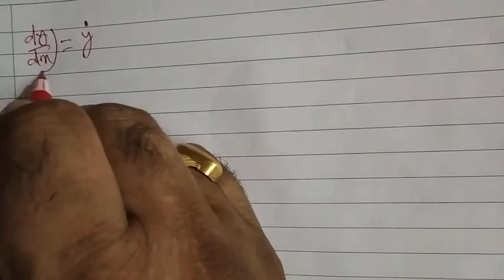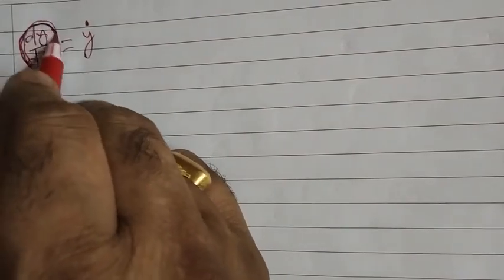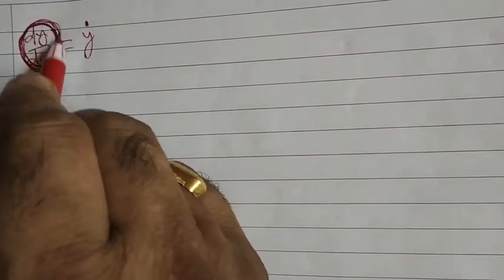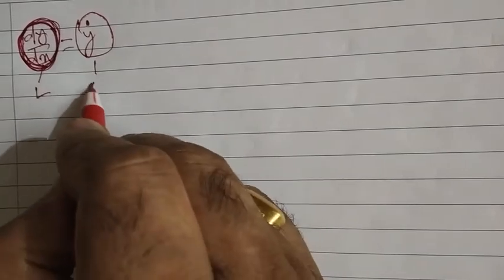Sir Isaac Newton was using the y dot symbol for what we are now calling dy by dx. Okay, this dy by dx was treated as the same or similar to y dot at that time. This was by Leibniz, this was by Newton. Now we prefer this Leibniz notation.